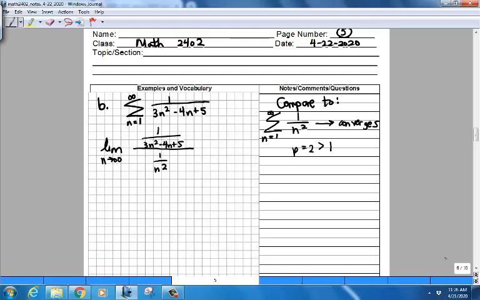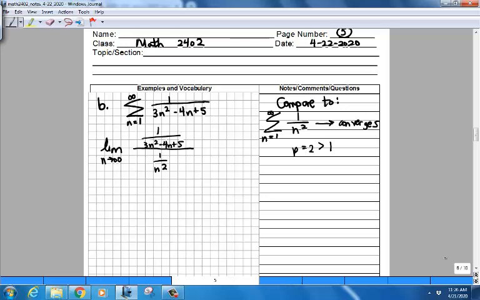So why did I choose 1 over n squared as my comparison series? Well, one reason is I know what happens to 1 over n squared. It converges because this is a p-series. Again, you've got an index raised to a power. The power here is 2, which is bigger than 1, and in a p-series, if the power is bigger than 1, the p-series converges.